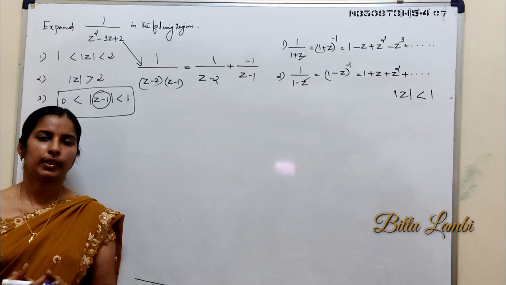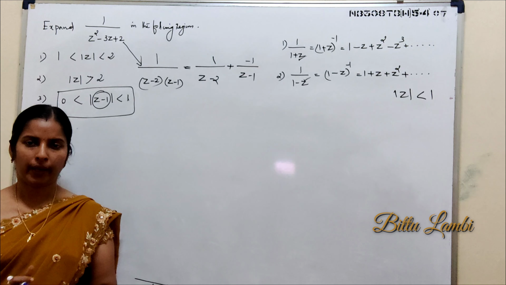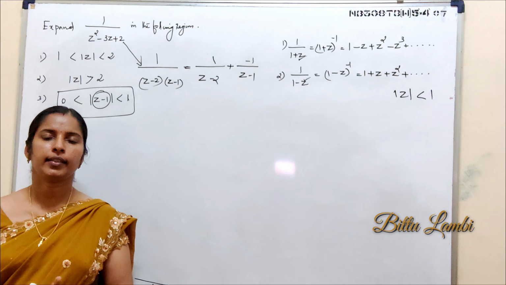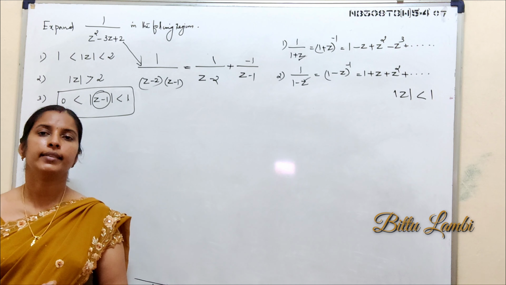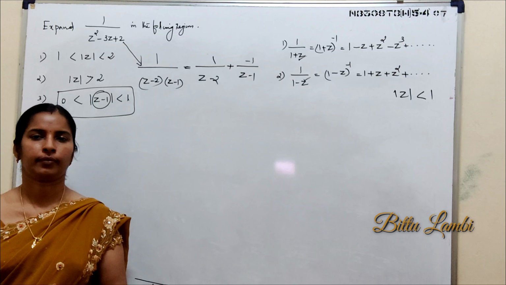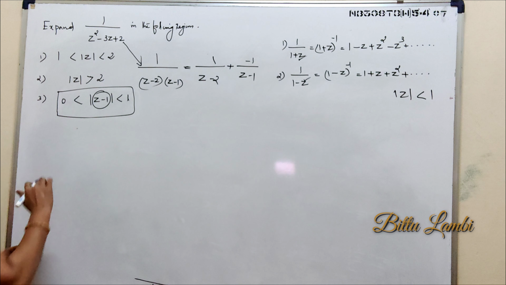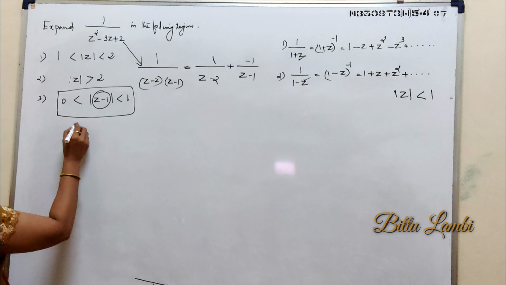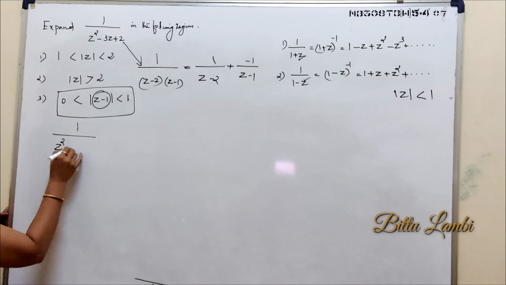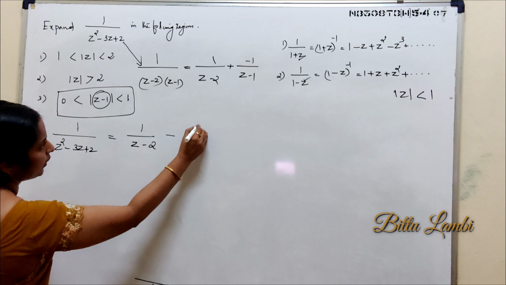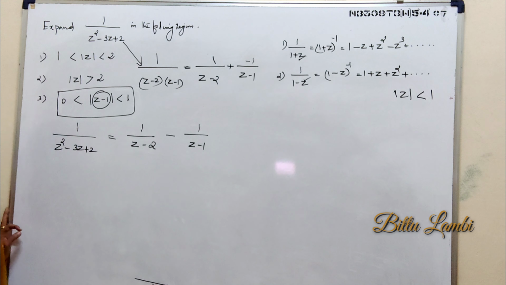In this region you have to expand the given function in the form of an infinite series containing powers of z minus 1. The given function is 1 by z minus 2 minus 1 by z minus 1.